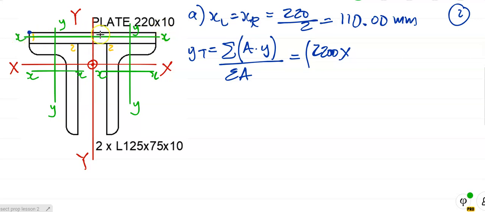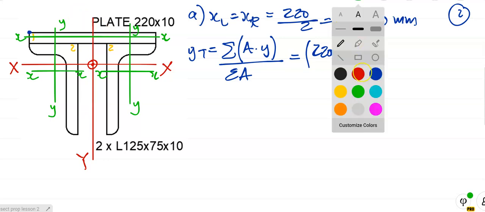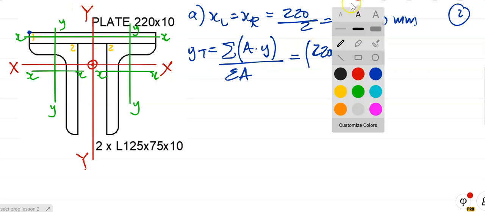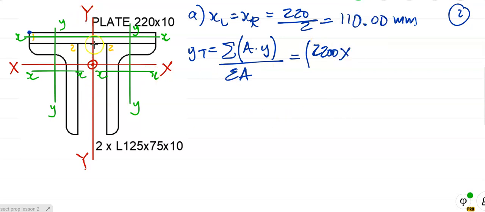And of course, the y-axis of the plate is sitting on the y-axis of the whole cross section. So there's the centroid with the angle. And there's the centroid for the plate. And of course, that's the centroid there for the whole cross section.